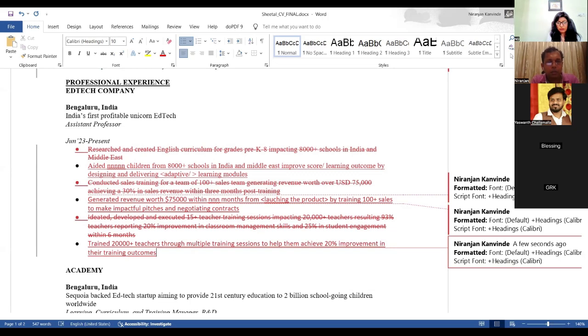If this was for K-12 teaching, what is this? Classroom management skills and 25% improvement in training outcome, to help them achieve 25% improved student engagement.